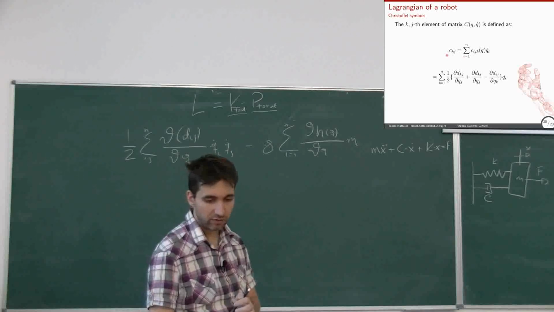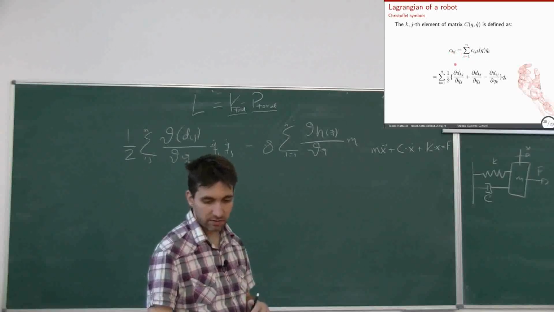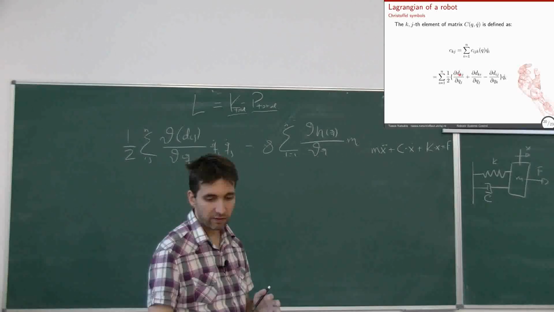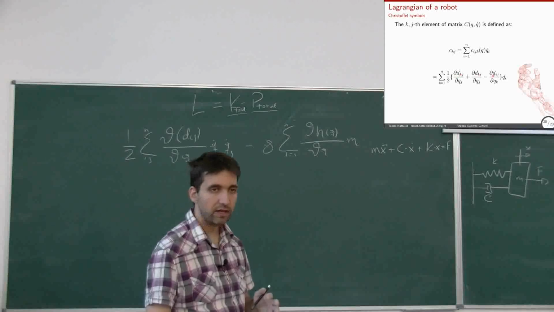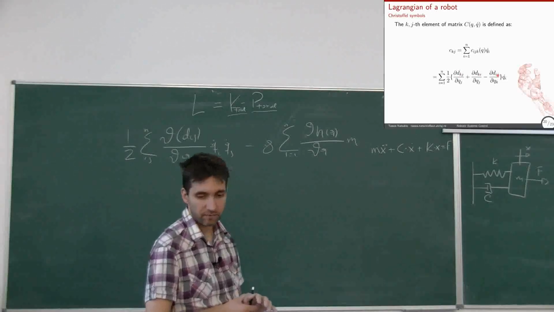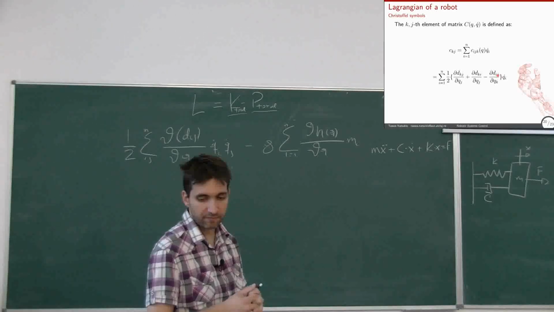The elements of matrix C, the elements Kj, are these sums here, which also relate to, as you see here, elements of D, also relate to masses and inertia to some extent. But how they affect the velocity of the system.